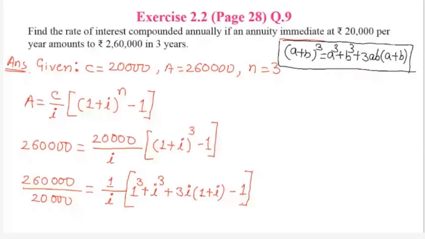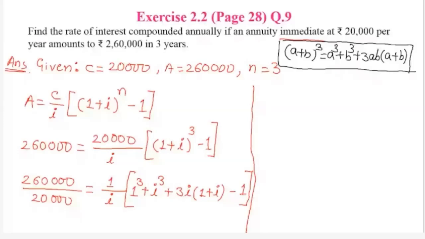Any doubt, anyone? 1 is A and I is B. I've used that formula. A plus B whole raised to 3 is equal to A cube plus B cube plus 3AB in bracket A plus B. No doubt, dear student? Got it? Everyone, please reply. I want at least 4 or 5 replies. Clear? No doubt? Okay.